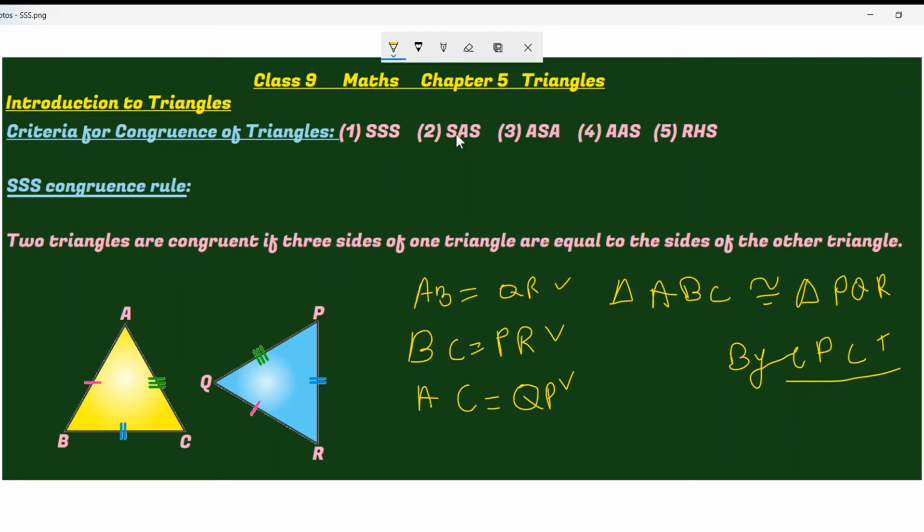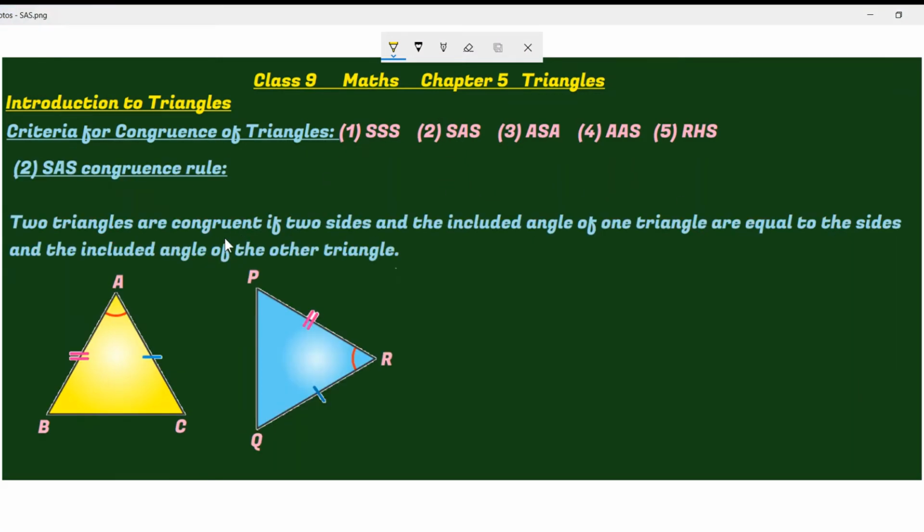Next we'll see the SAS rule. The next criterion is the side angle side congruence rule. Two triangles are congruent if two sides and the included angle of one triangle are equal to two sides and the included angle of the other triangle. Here you can see two triangles ABC and PQR.